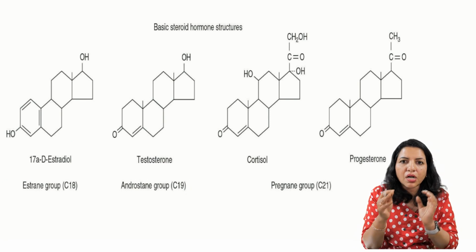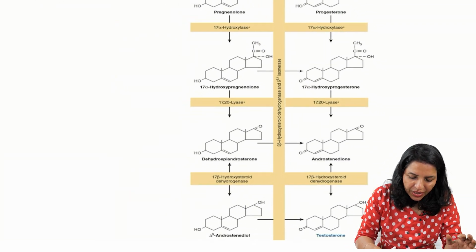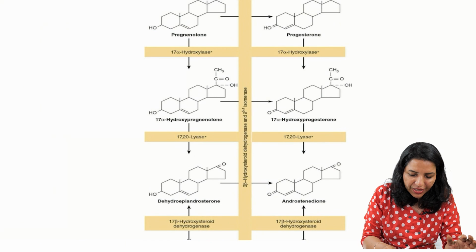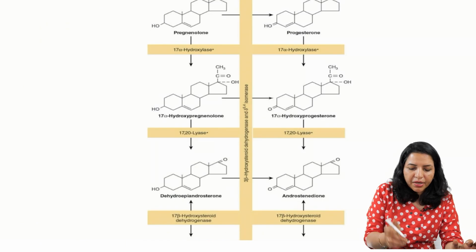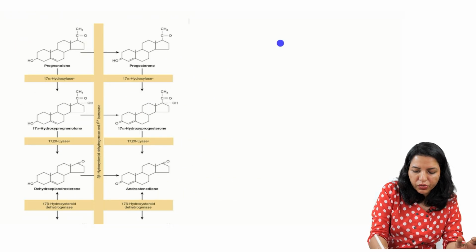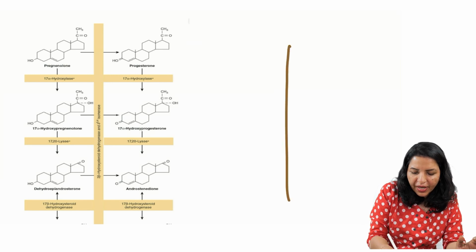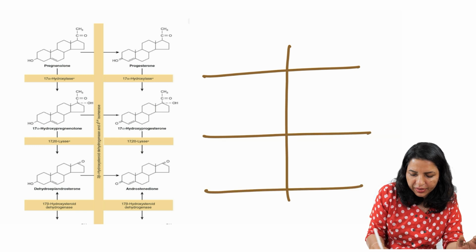Now the question is how cholesterol is being converted to testosterone. Whenever we are learning that, this is a reaction which is very, very complicated, but I will make it very simple for you. What you have to do is draw a line like this and 3 lines like this.